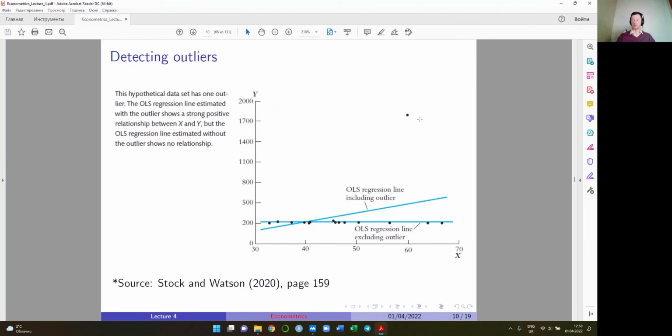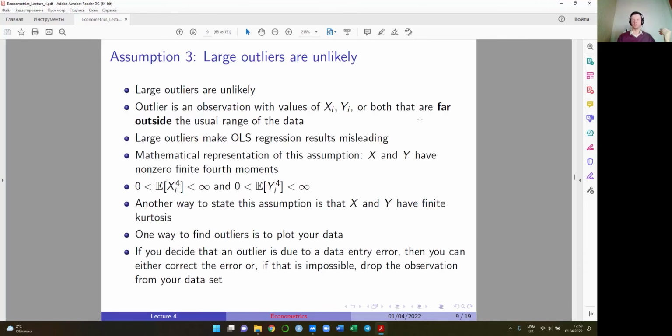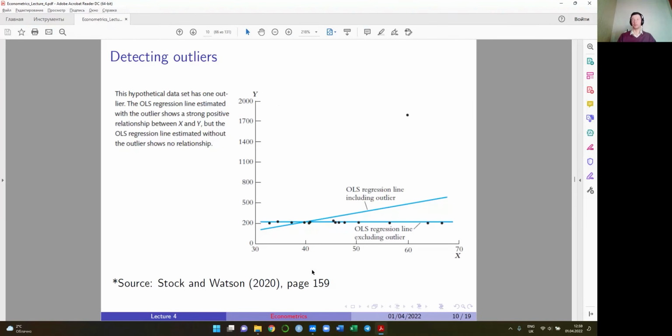So 10 times greater. If you suspect that this is a data entry problem, then just try to correct this error. If it's not possible, just drop this observation from the data set, because it has no additional value in the data set. It will just totally deviate the correct estimation.